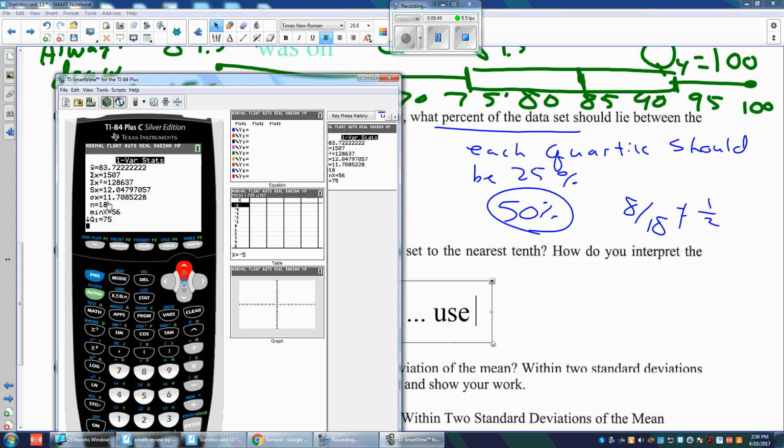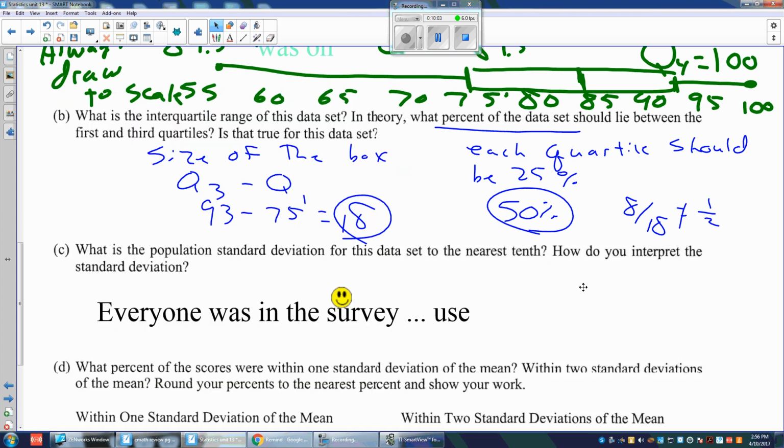We're going to use this number right here, 11.7. Sample, 12.04, 12.05. Everyone, the whole population, 11.7. Calculators are a wonderful thing. I really hope your volume was on.